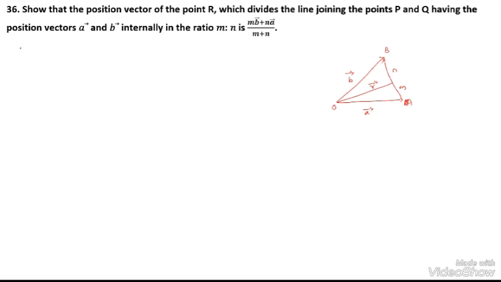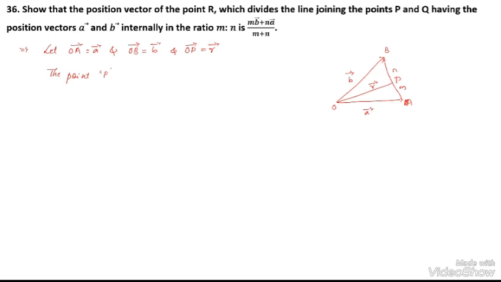Okay. Here, first, let vector OA be vector A, and consider vector OB. The position vector OB can be represented by vector B and the position vector OP can be considered as R vector.